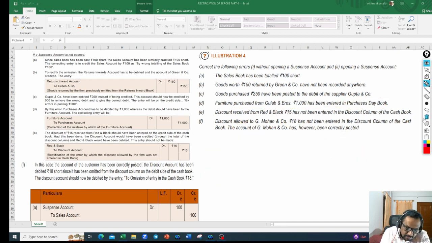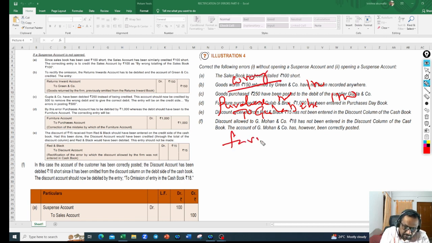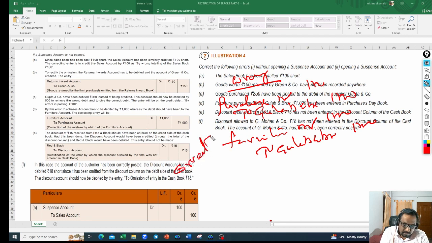The wrong entry is purchases account debit, credit Gulab and Brothers. What is the correct entry? Furniture account debit to Gulab and Brothers 1000. This is the first wrong entry, second correct entry.